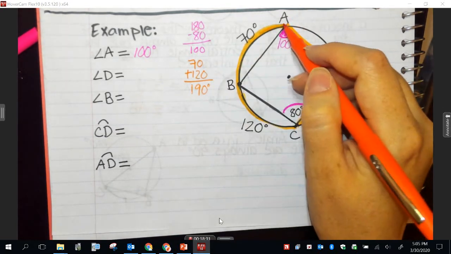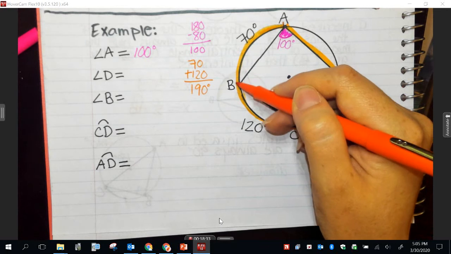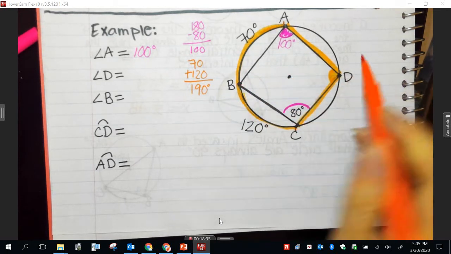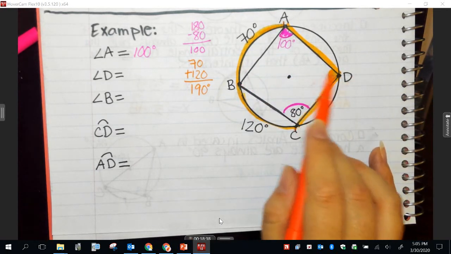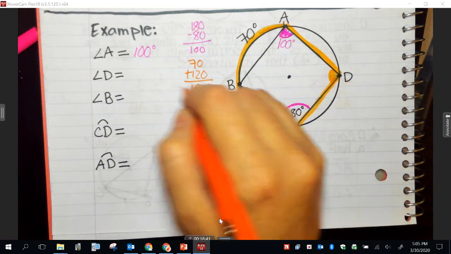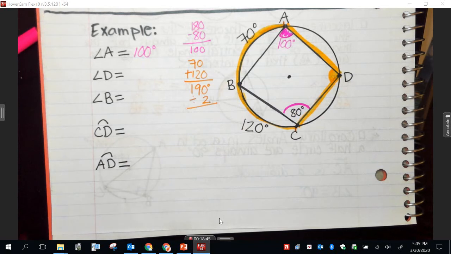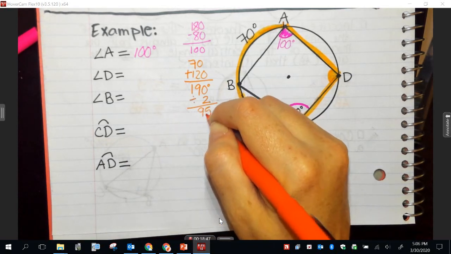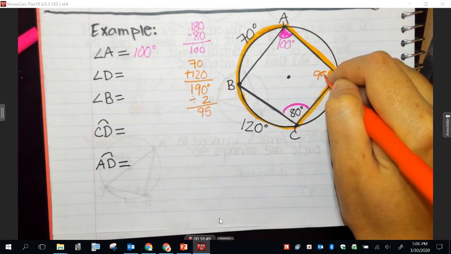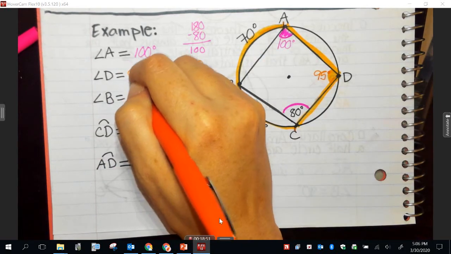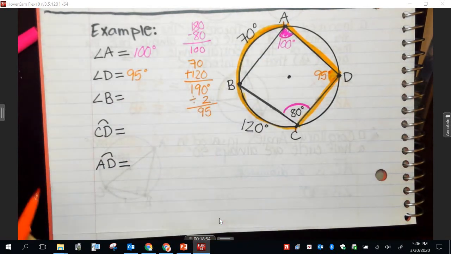So that's the measure of the arc from A to B to C. Since this is an inscribed angle, it's going to be half that. So 190 divided by 2 means that this angle D is 95 degrees.